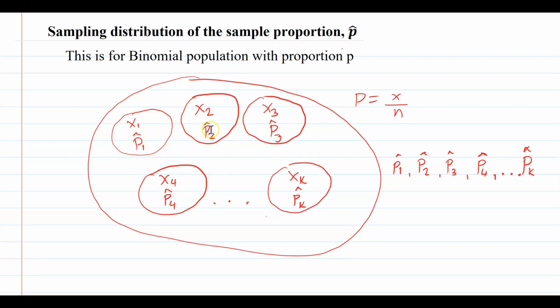So N1 equals N2, equals N3, equals N4, and equals all the samples you collect up to the last sample, which we call sample K. You can calculate PK hat, the proportion of people that drink soda from sample K. What we are interested in is the distribution of P1 hat, P2 hat, P3 hat, P4 hat, up to PK hat, and we call this the sampling distribution of the sample proportion P hat.